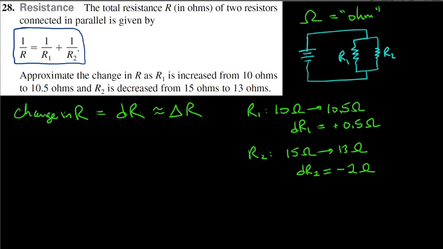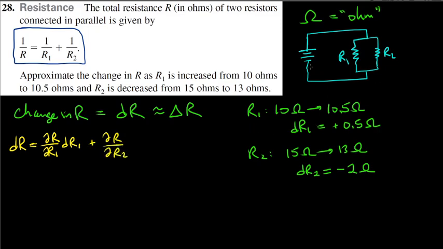All right, so how do we find dR? Well, one way is just to use the definition of the differential. So this is the partial of R. Now notice the two variables here are R1 and R2. You might have to get used to that, these are not constants now.